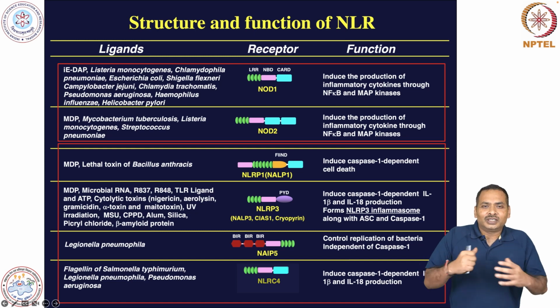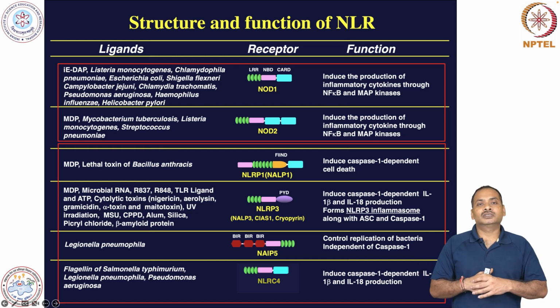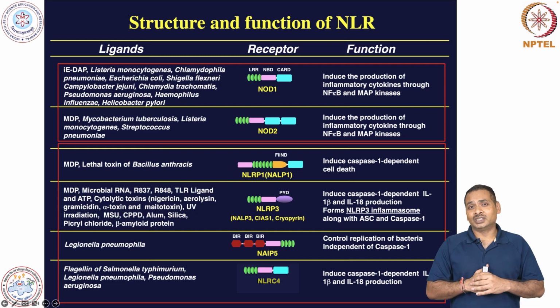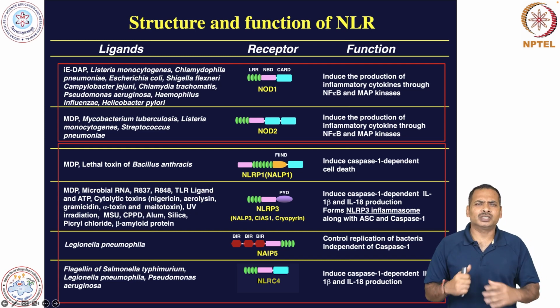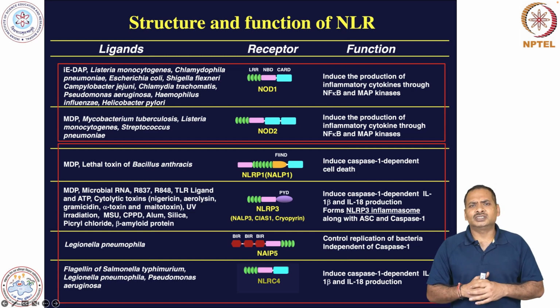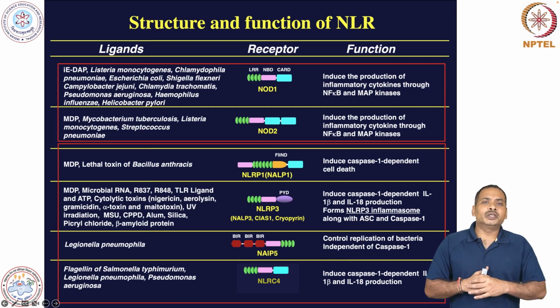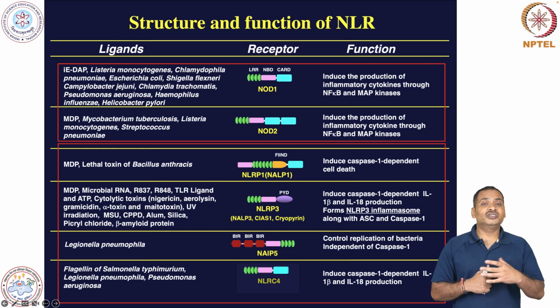Try to understand one simple philosophy here: IL-1 family cytokines are quite potent. Small doses are sufficient to induce significant biological effects. For example, IL-1 beta can induce fever.